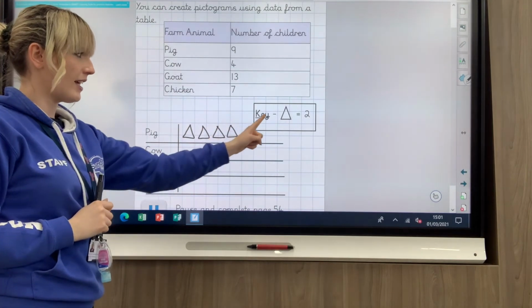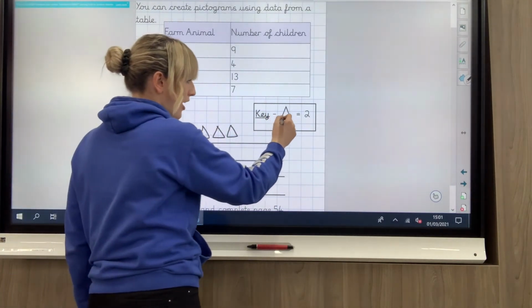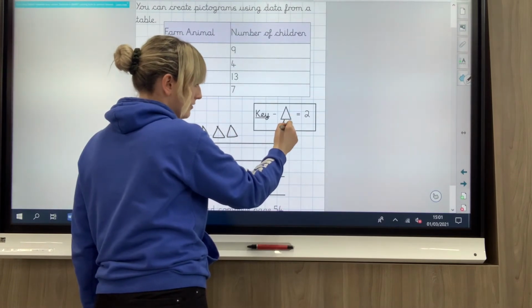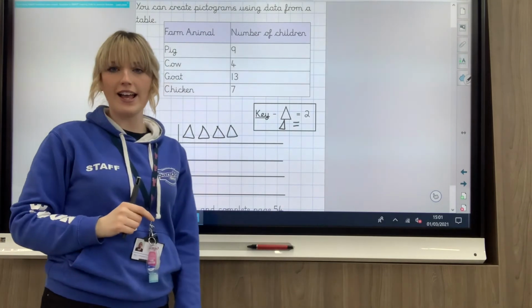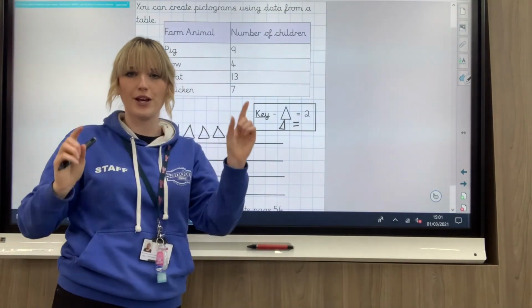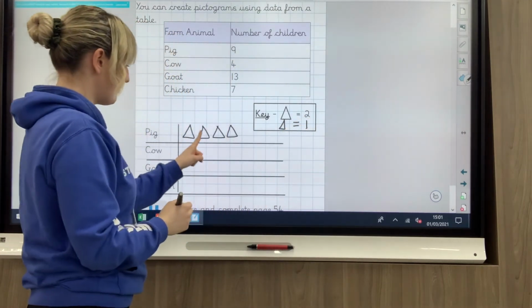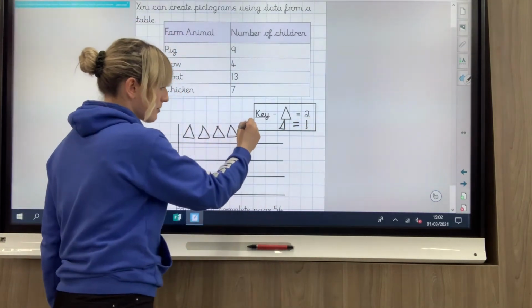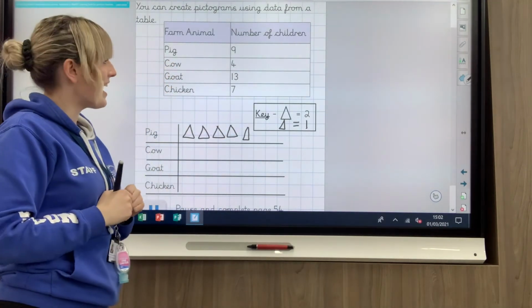So if we think a triangle is worth 2, well, if we halve the triangle, what's it going to be worth? So if a full triangle is worth 2, half a triangle is worth 1. Okay, so I've got 2, 4, 6, 8. So I'm going to draw my half a triangle to make 9.